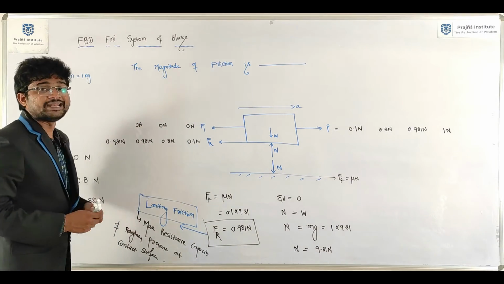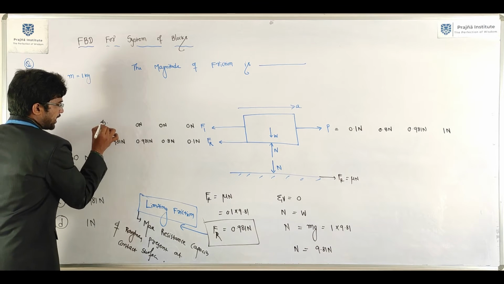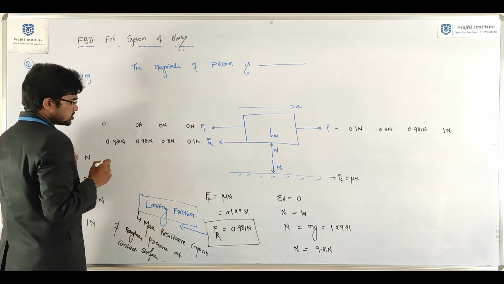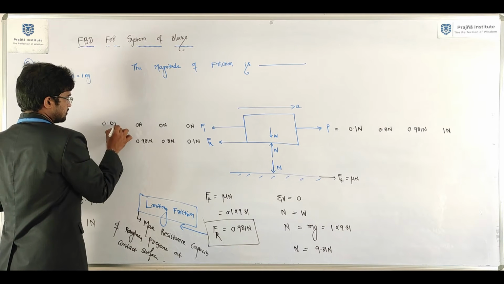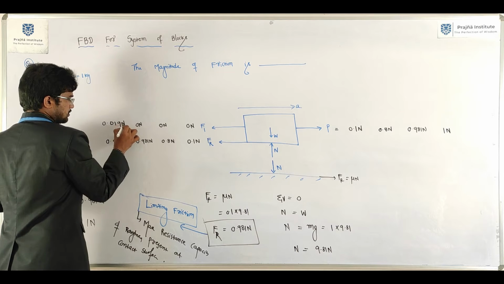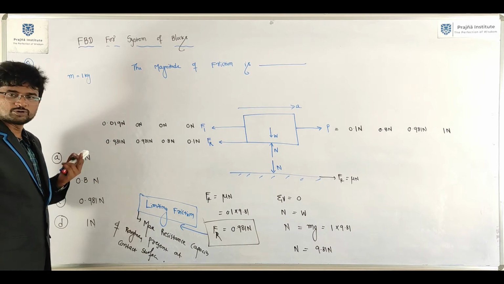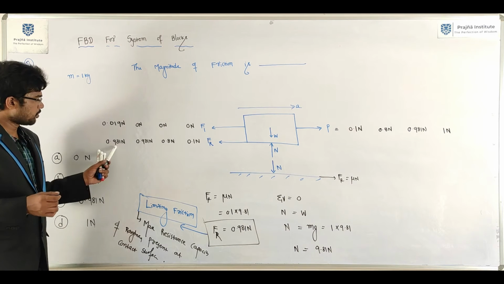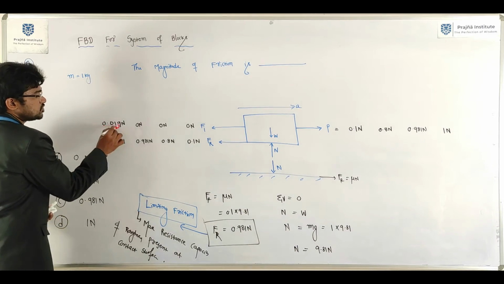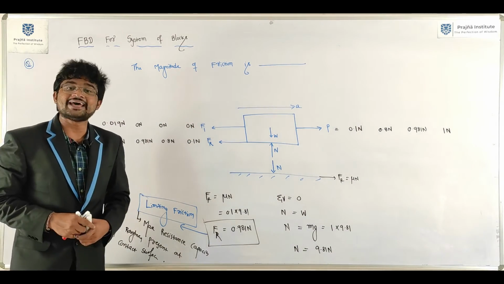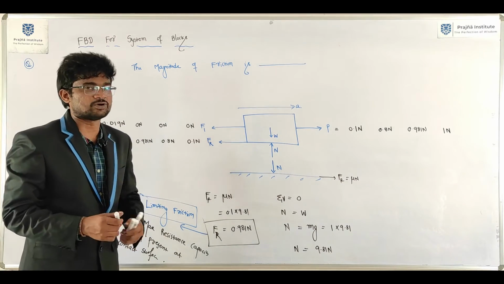It will be added to inertia force in this case. 1 minus 0.981 is 0.019, correct? So now 0.019 will be given to the inertia force. Then the system is in equilibrium. Then you can happily apply sigma H equal to 0.